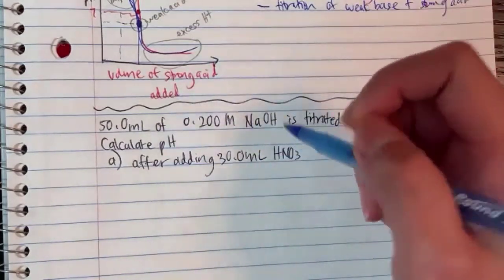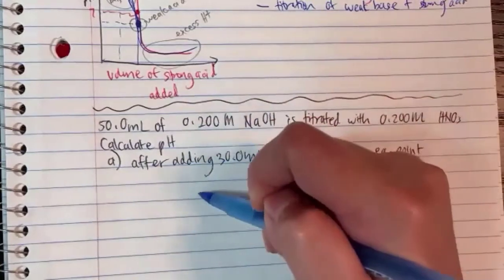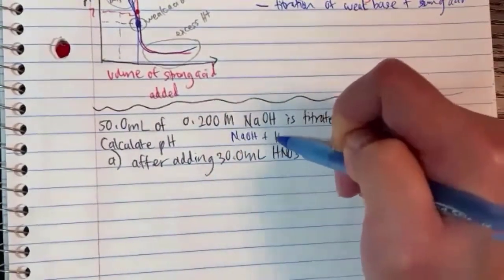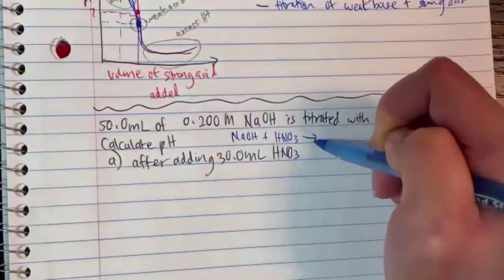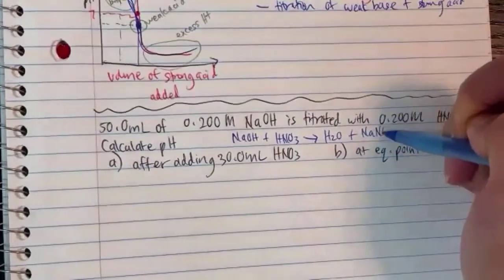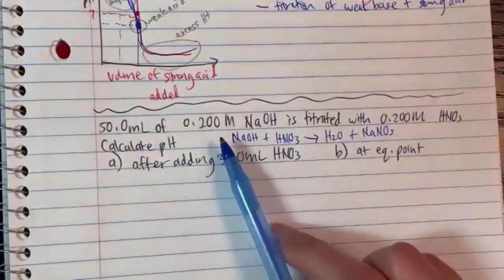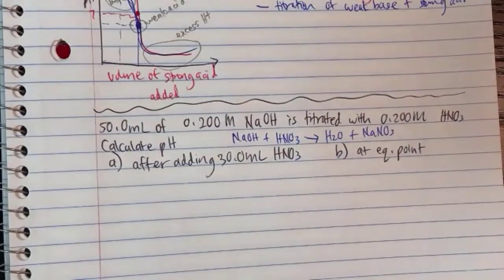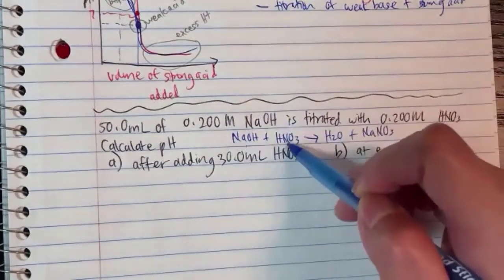So the equation here is actually NaOH plus HNO3. You'll make H2O and NaNO3. So the ratio is 1 to 1 to 1 to 1.